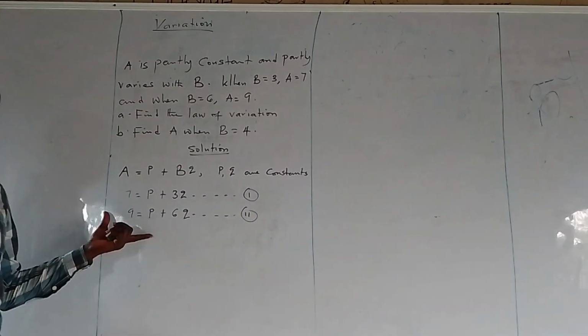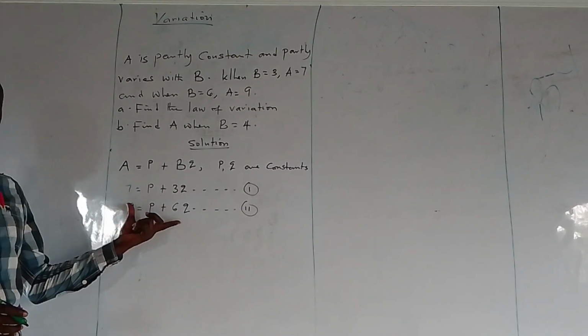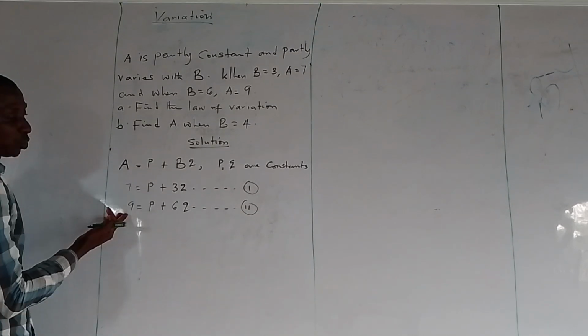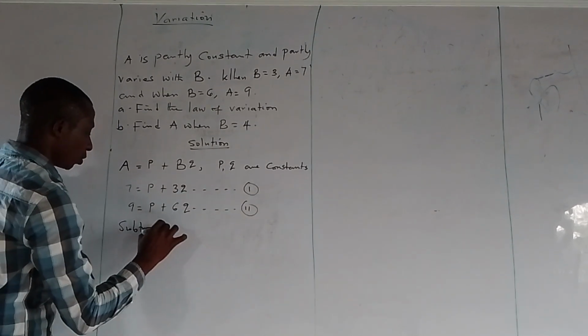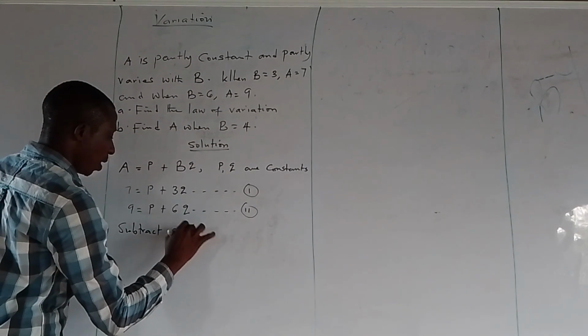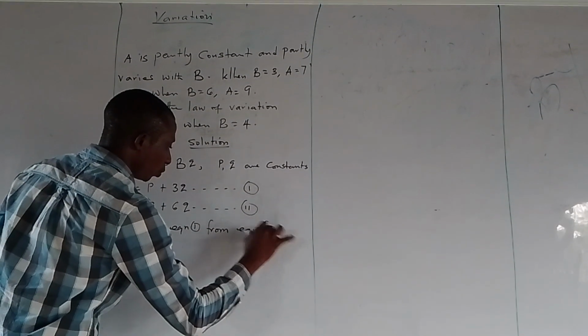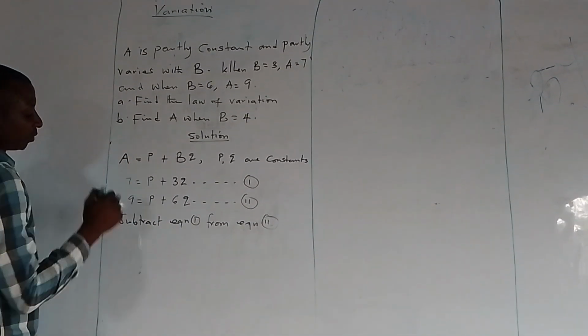Now we have two equations, so we solve them simultaneously. We can subtract equation 1 from equation 2. So we have 9 minus 7.